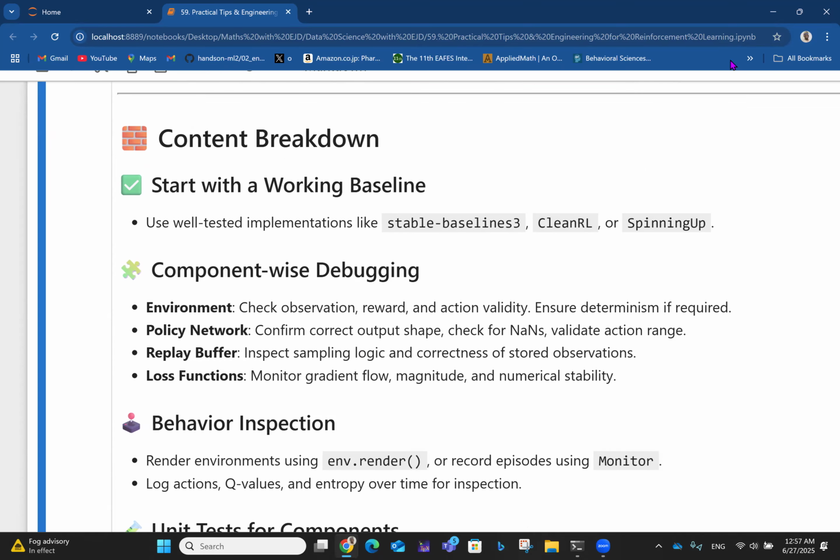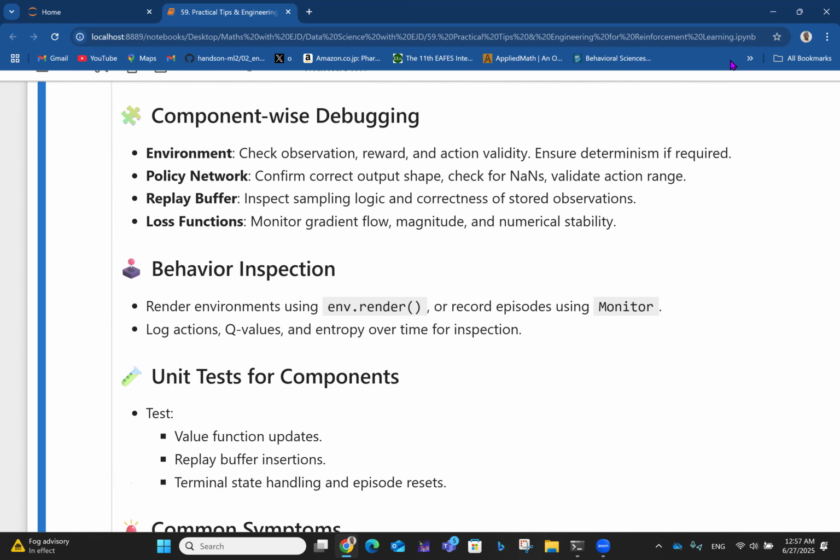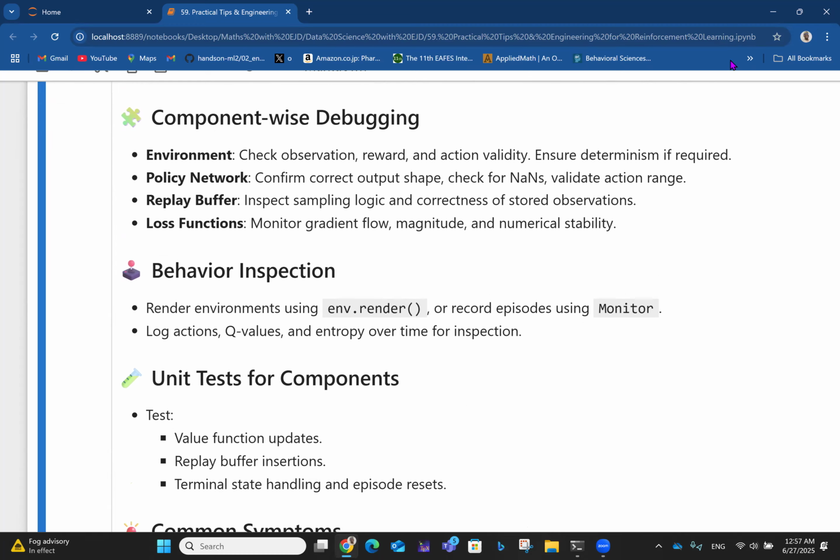Okay, so the breakdown of that will be to start with a working baseline, using well-tested implementations like Stable Baselines3, which we've been using for some videos now, and then CleanRL or Spinning Up. Then the component-wise debugging would involve the environment, where you check observation, reward, and action validity and ensure determinism if required.